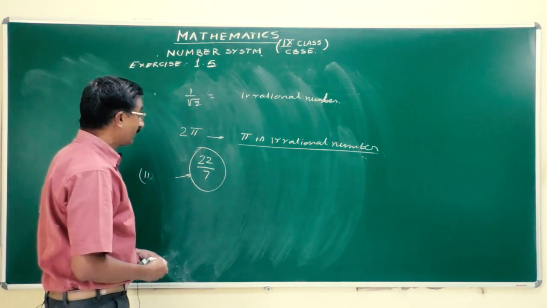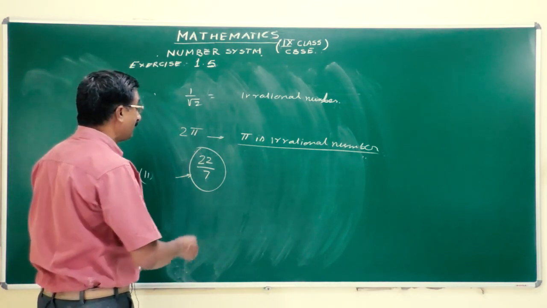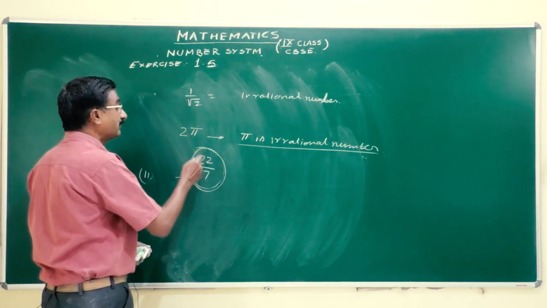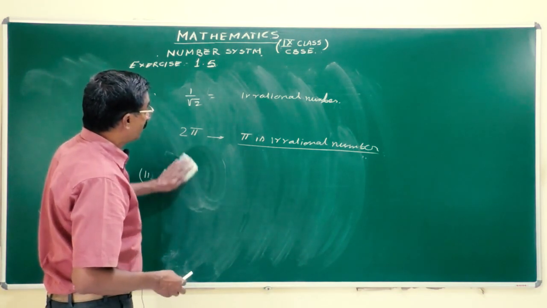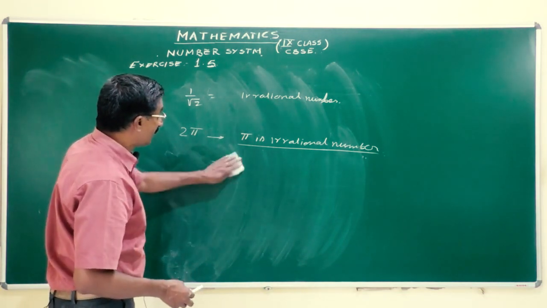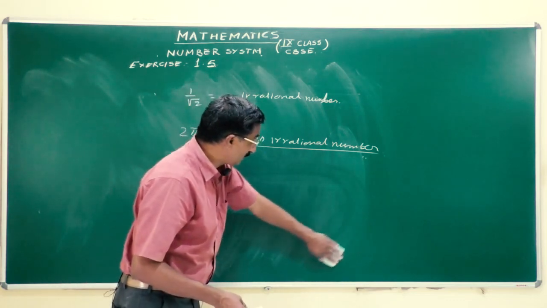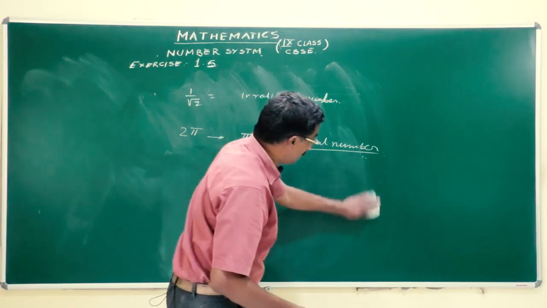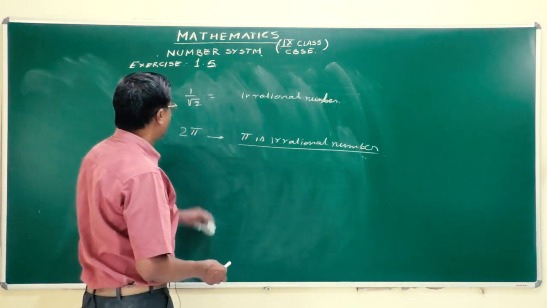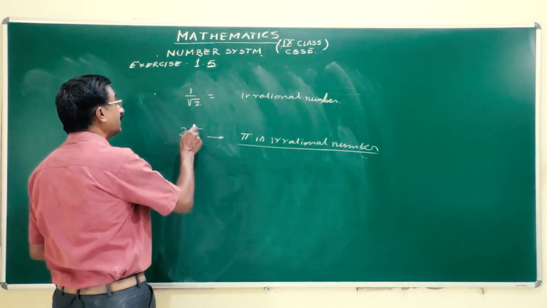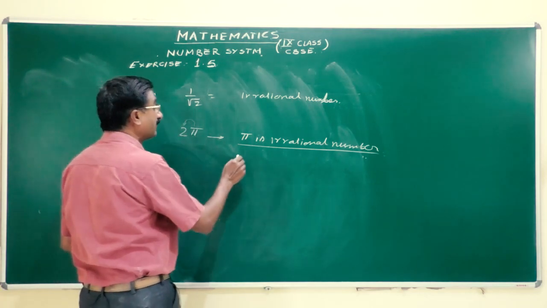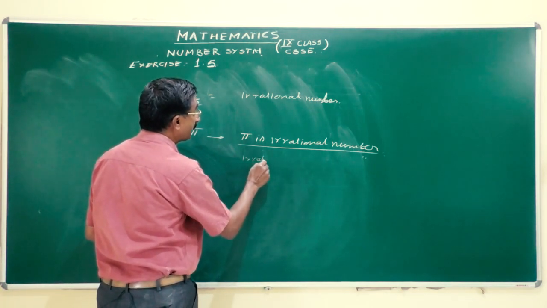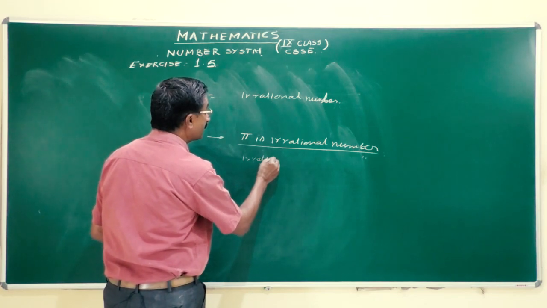This is a rough value for the calculation, but this is not a rational number. So don't be confused. Pi is an irrational number. This is non-recurring and non-terminating after the decimal. So an irrational number multiplied by a rational number will be an irrational number. So this is an irrational number.